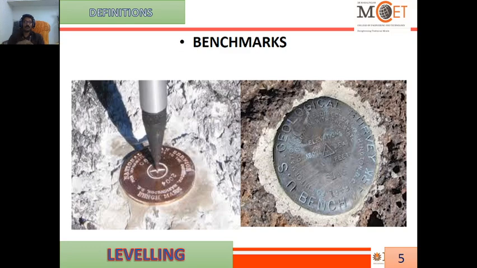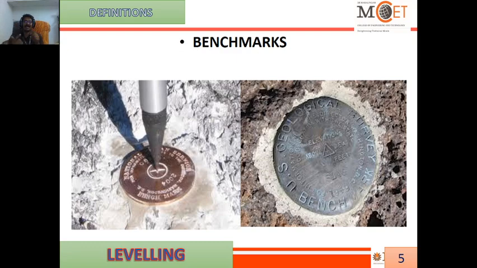The pattern of placing benchmarks will vary from country to country, but a point fixed at a particular place will have the same elevation value. The benchmarks shown in the figure are permanent benchmarks. They have a standard value and will be available within every 500 kilometers, right?